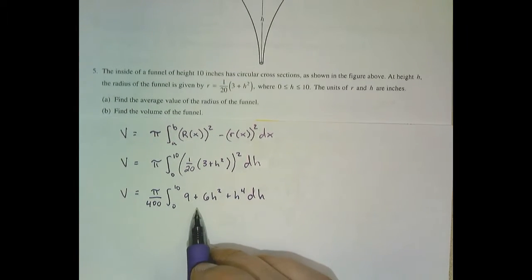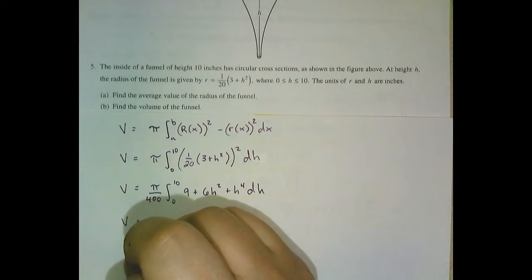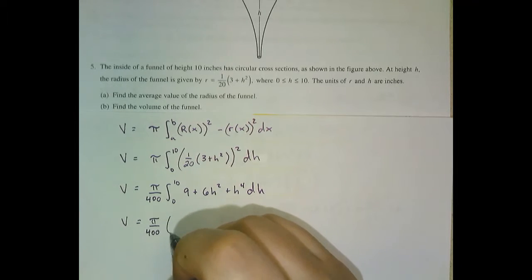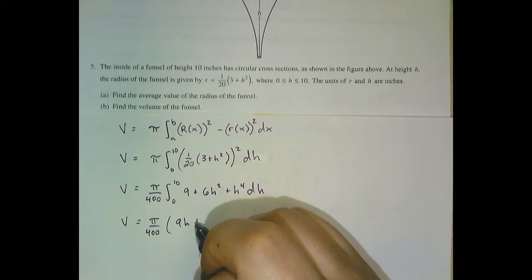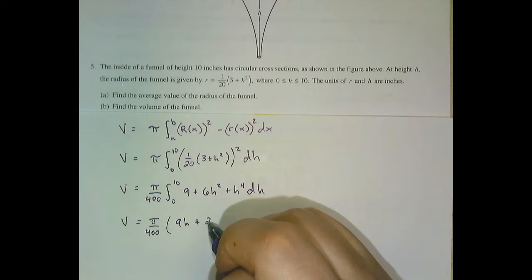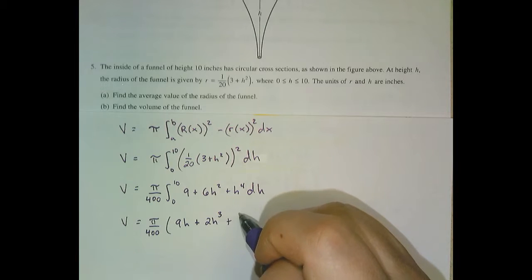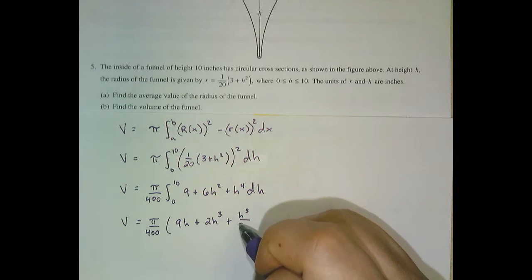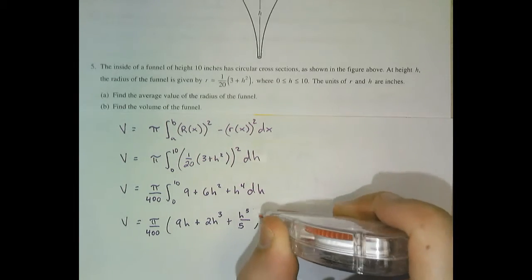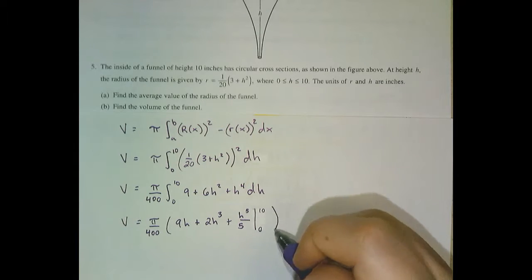All right, now we've stripped the context out of the problem and we're just doing old-fashioned calculus. The antiderivative of 9 is 9h. 6h cubed over 3 would be 2h cubed, and then h to the 5th over 5. And that value gets evaluated from 0 to 10.